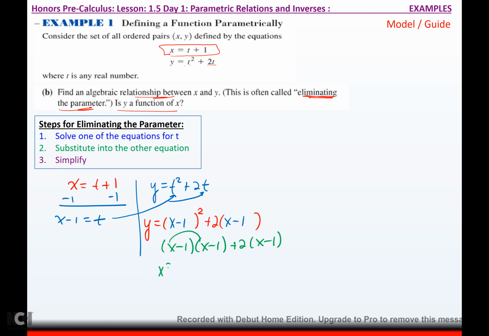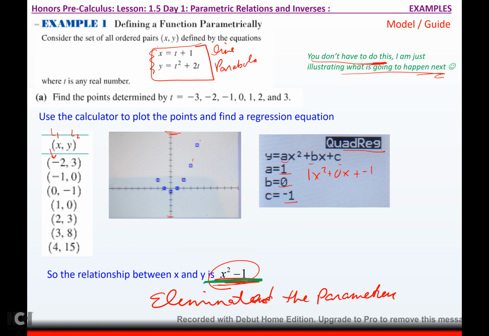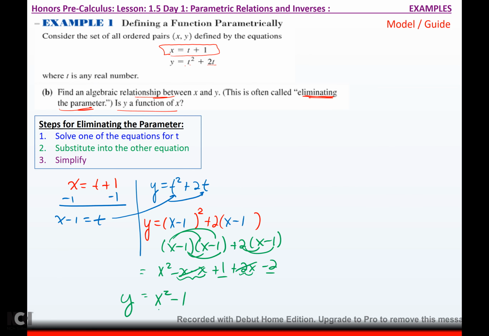That's going to give me x squared minus 2x plus 1 plus 2x minus 2. The negative 2x and the positive 2x cancel out, so I have x squared plus 1 minus 2, which is minus 1. And just like I got on the calculator, by hand I got the same thing. There's the relationship between x and y.